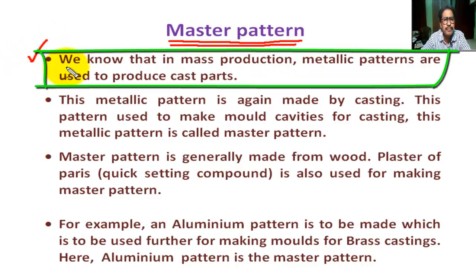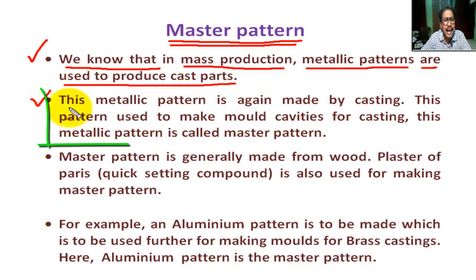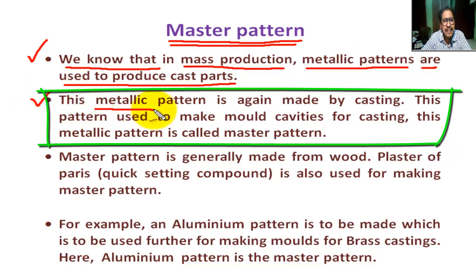Now we know that in mass production metallic patterns are used to produce cast part. Okay. The metallic pattern is again made by casting.